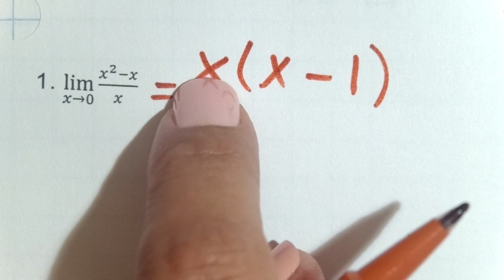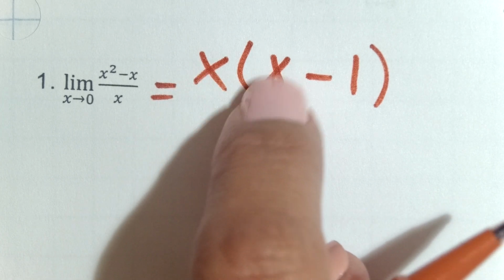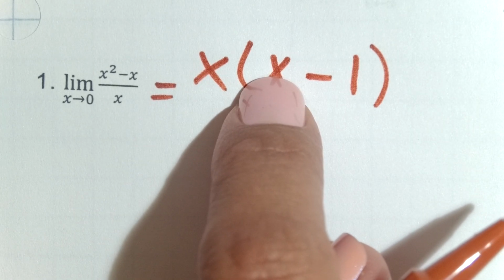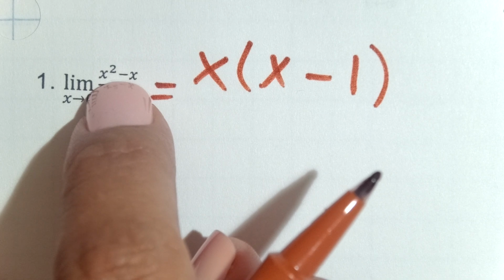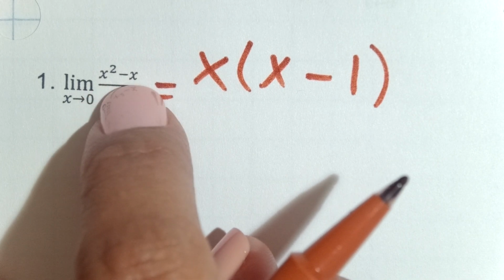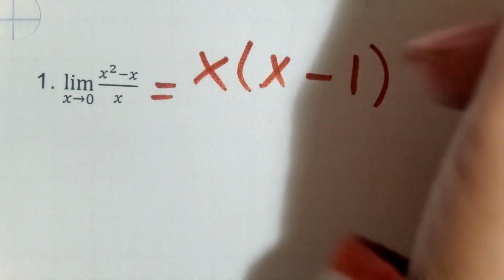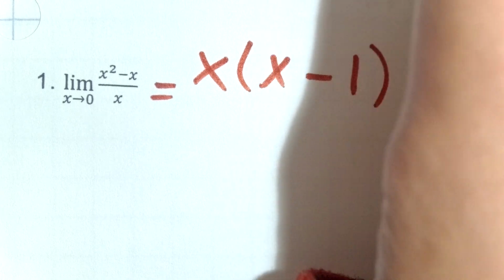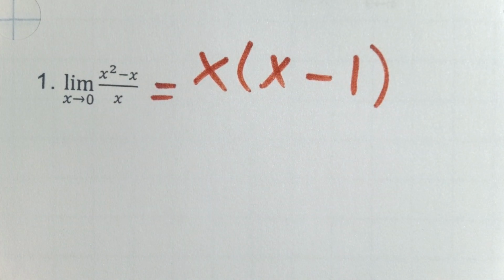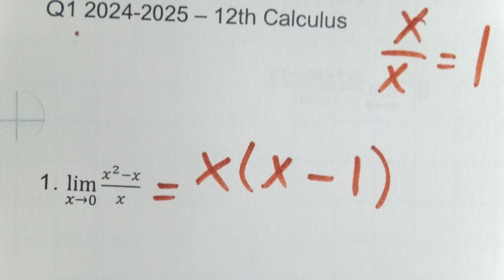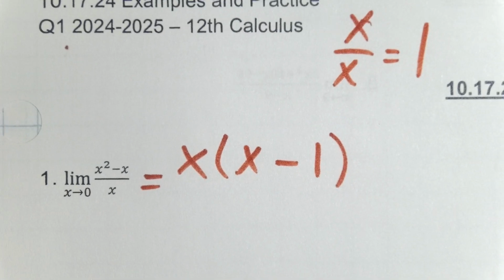There's literally 1 here. So that means I need 1 more here, right? I already have an X here. So you're basically dividing. X divided by X is equal to 1. Okay?